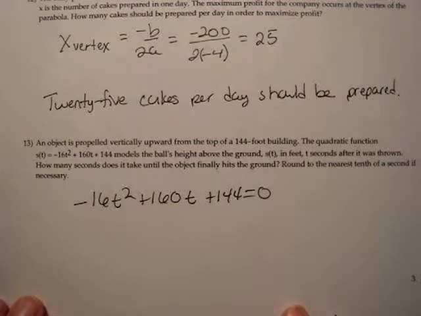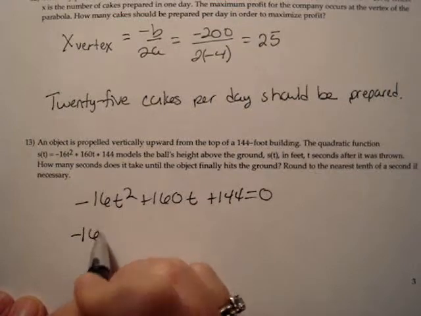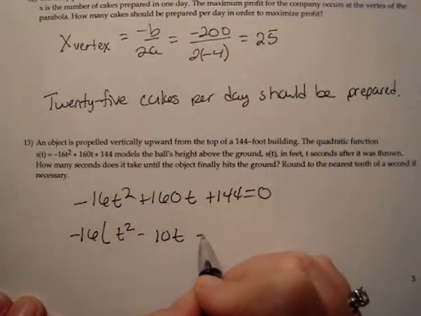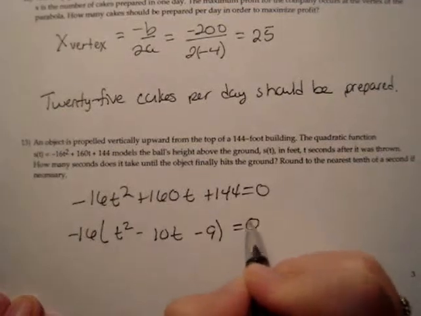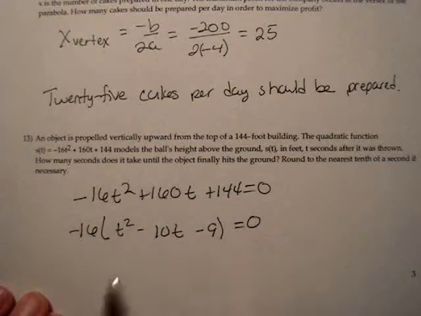All right, the first thing I'm going to do on this one is I'm going to factor out negative 16. T squared minus 10t, and that'll be minus 9 equals 0. Now I would like to caution you. It really looks like we could factor this, doesn't it? Because you go 9, oh, 9 and 1 would be 10. Okay, but the negatives throw us off. You cannot factor this. You have to use the quadratic formula.